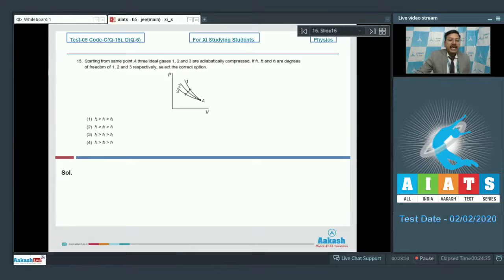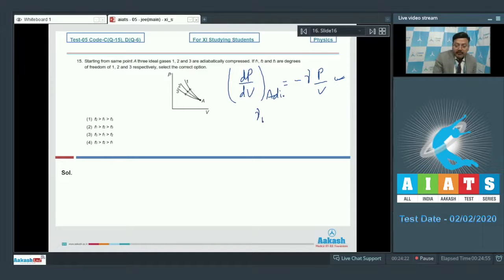Now, we know that the slope of PV graph for an adiabatic process, dP by dV, is simply minus gamma P by V. So that means the steepest graph has highest value of gamma. So that means gamma for 1 is greater than gamma for 2, which is greater than gamma for 3, where gamma is the adiabatic exponent.